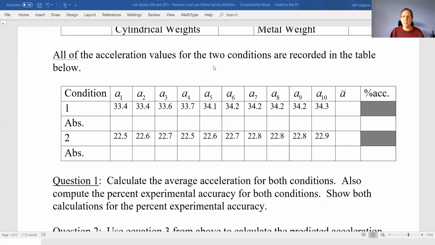So I'm going to go back to the iPad for a minute. Okay. So this is just to remind you how to compute the percent experimental accuracy. So let's say, instead of doing 10, let me do 5 acceleration values. Let's say these are your 5 acceleration values, and they were in centimeters per second squared.